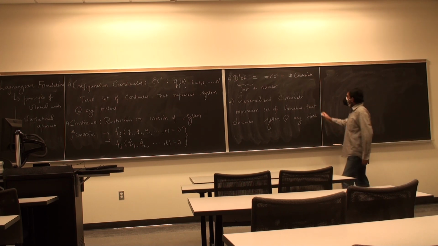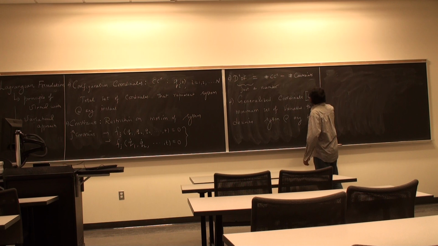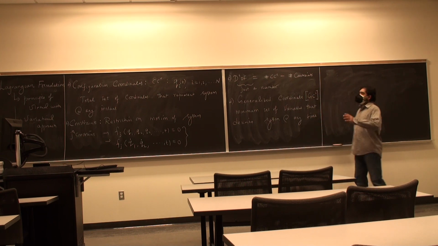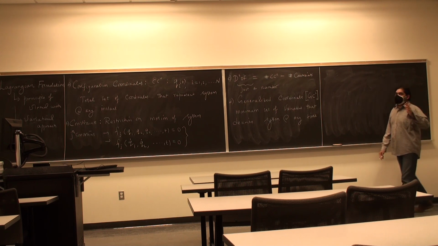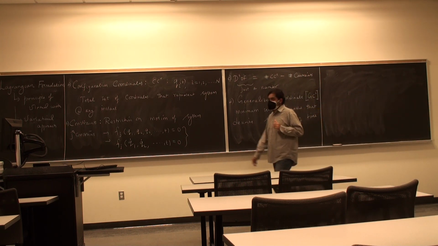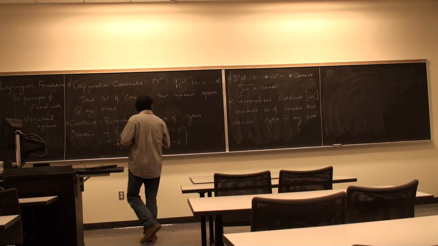I'm going to call them GCs. CC is configuration coordinate, GC is generalized coordinate. I don't have an algebraic lettering for them yet. Hang on to it.